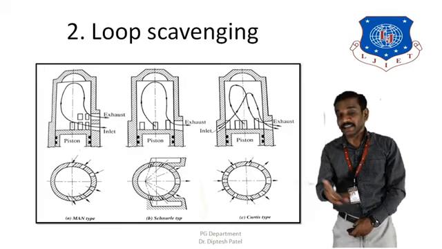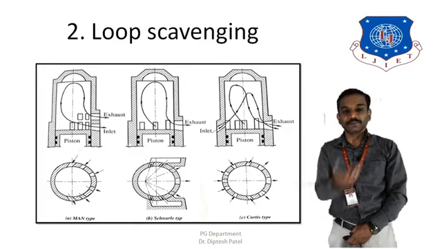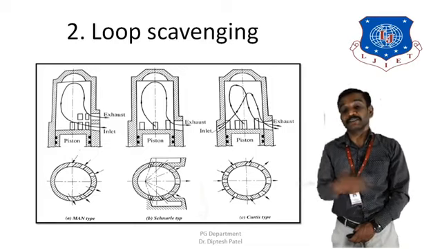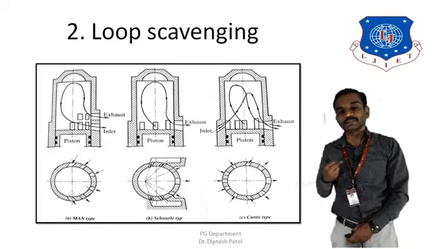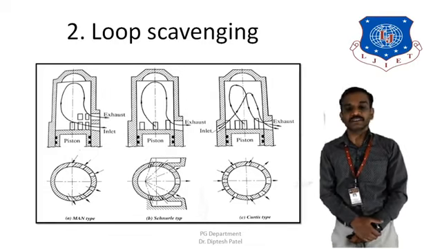So it has more ports as compared to the MAN type or Scannell type, and therefore the removal of exhaust gases would be more efficient as compared to the other ones.